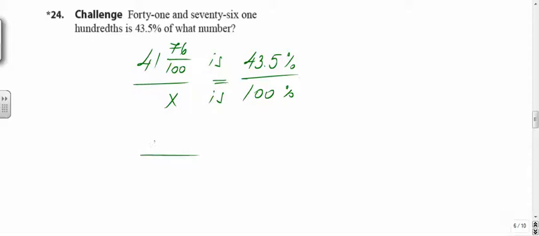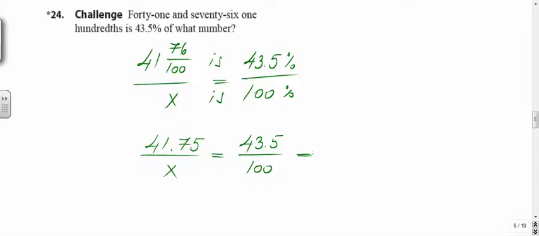Let's rewrite this thing. 41 and 76 hundredths is 41.76 over your number x will be equal to 43.5 over 100, right?